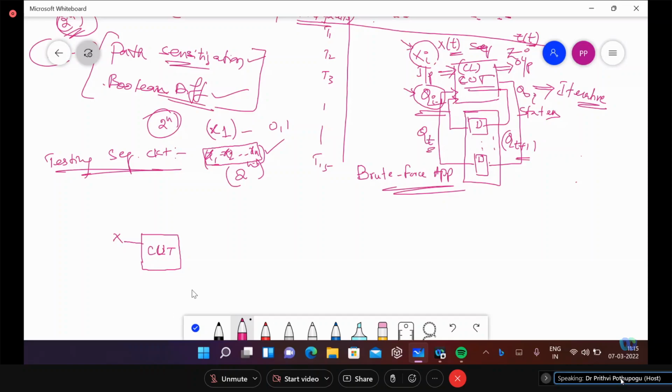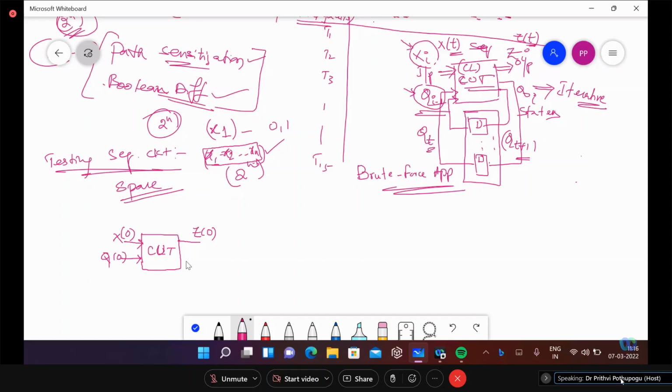Now, if I convert that into iterative, the time scale becomes space. In space, we are trying to define the parameter. So X of 0, external input, with Q of 0, the previous stage response, derives Z of 0 output.